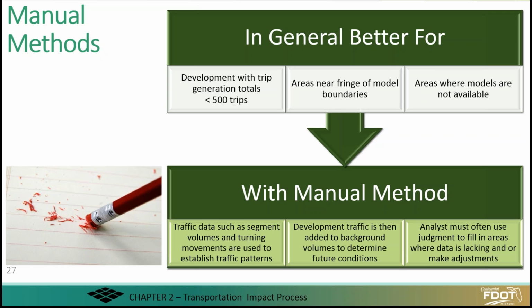Development traffic is then added to the background volumes to determine the future conditions. And you often have to use your judgment to fill in areas where you're missing data. So if you get to a part of the roadway network where there might be a series of driveways and there might be a key intersection, but you don't have turning movements collected or traffic volumes collected for that area, you may have to make a professional determination of what the attrition might be or what the turning movements might be based on your understanding of the area.